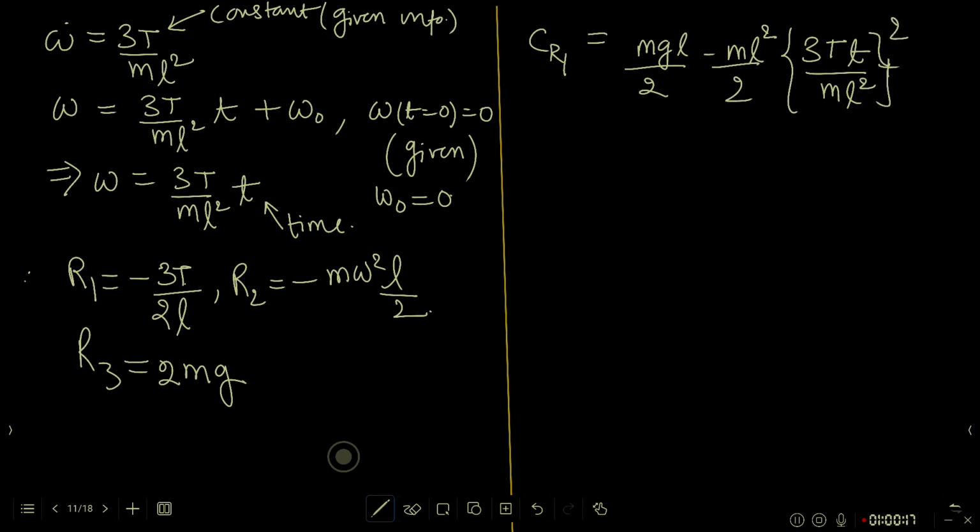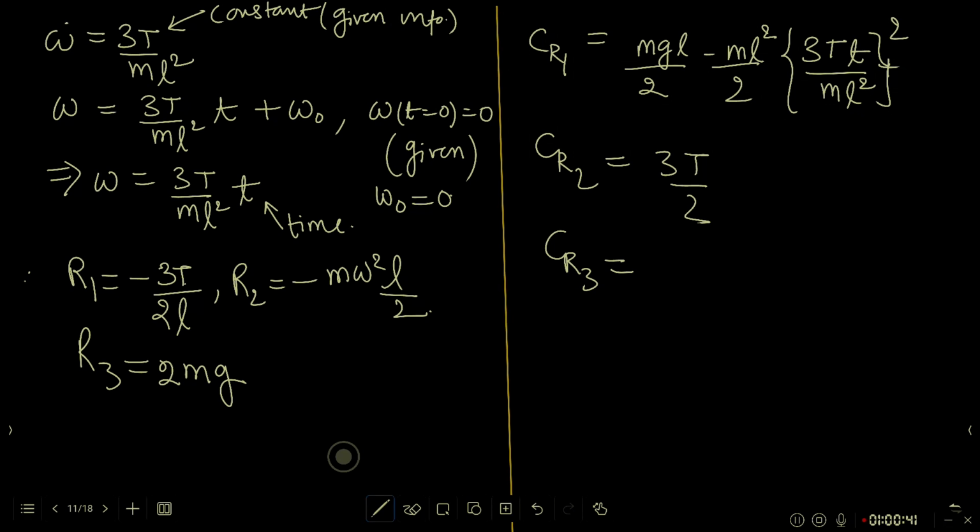CR2 turns out to be 3T by 2, and CR3 is of course 0. It's not an unknown.